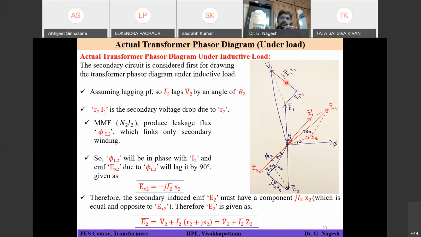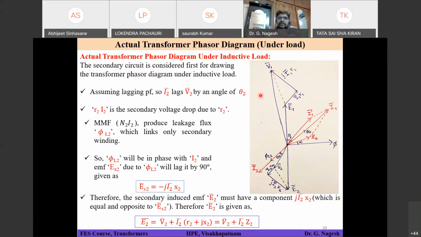For an inductor, the same thing will happen: voltage will lead and current will lag. Since the phasor is coming in this direction and is equivalent to an inductive nature, we denote it as X1 and call it the primary leakage reactance.